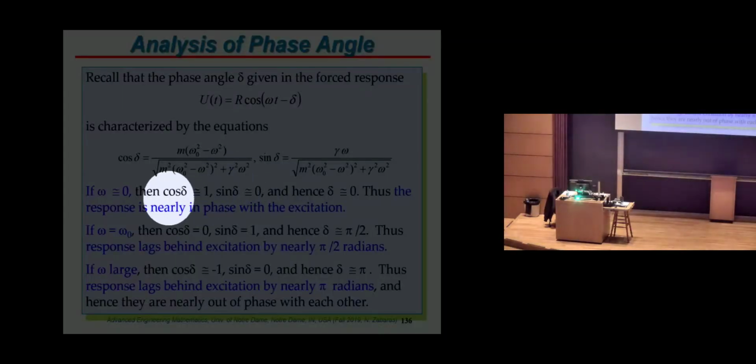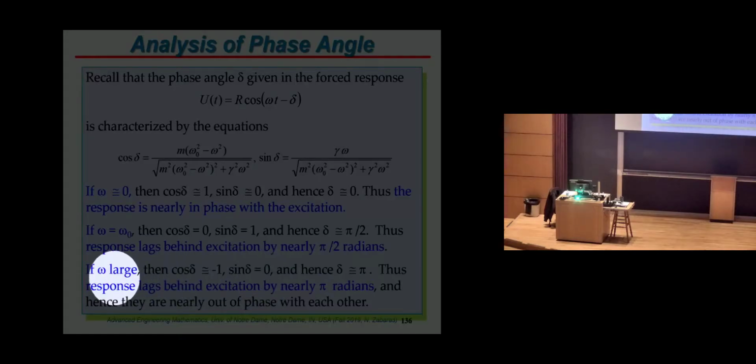If the external frequency is 0, the response is in phase with excitation. So basically, in that case, delta equals 0. If you're very close to the natural frequency, omega equal to omega 0, you can see from these formulas that the response is behind the excitation by an angle pi over 2.